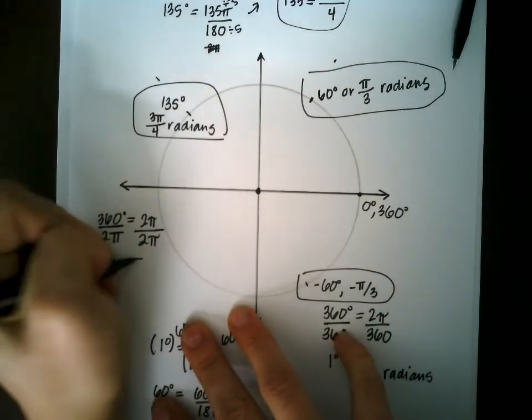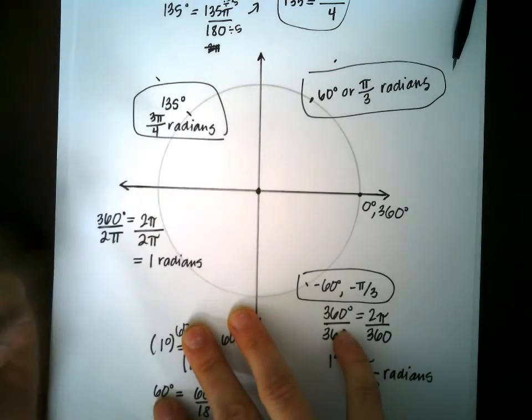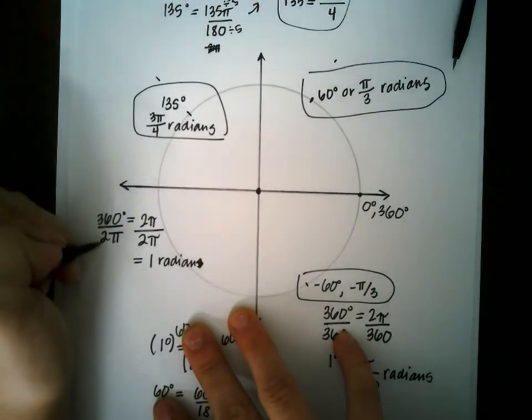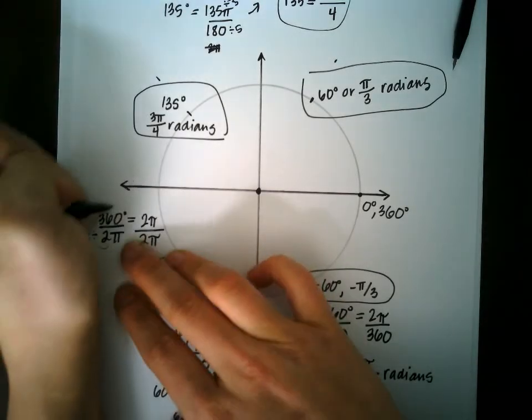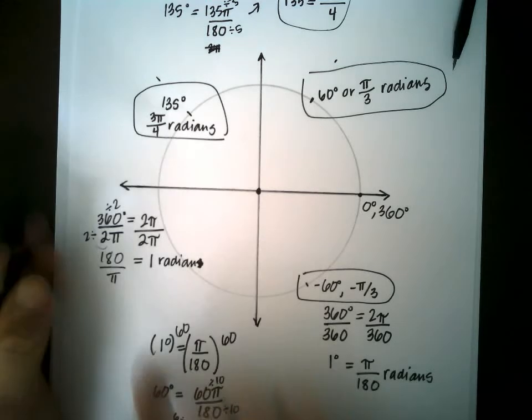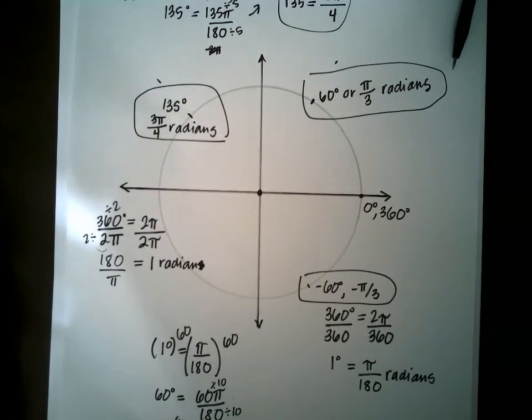And this cancels out and turns into just 1 radian. And on the other side, I have 360 over 2 pi, which I can reduce again if I divide both of these things by 2. Then I end up with 180 over pi. So 180 over pi degrees is equal to 1 radian.